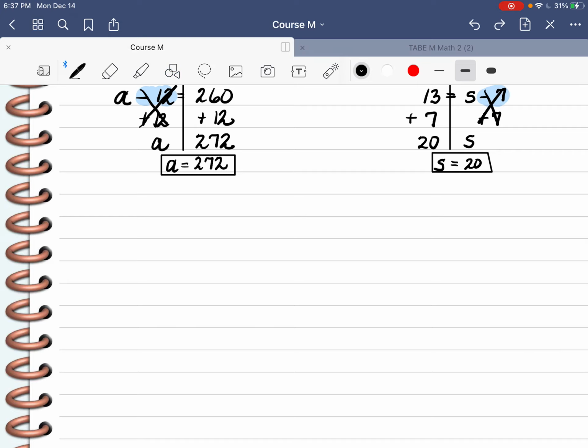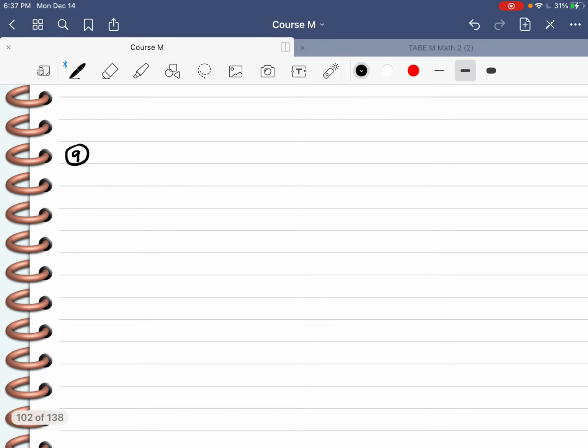Number 9. We have 46 equals N subtract 17. Draw the power T. Find your variable and your constant.